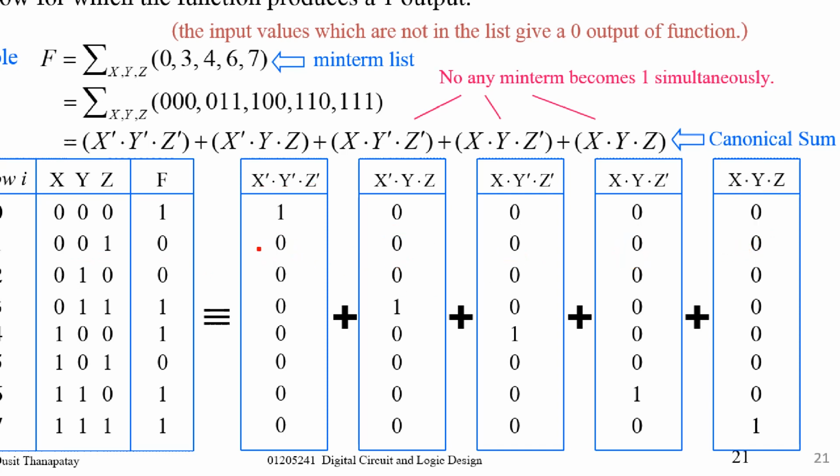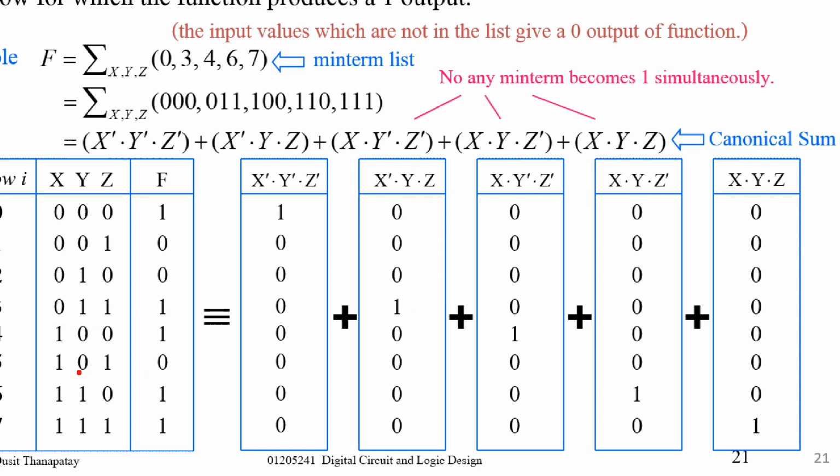That means if you apply an input corresponding to a min term, that min term will be 1 and the other terms will be 0. So when you add them all together, the result will be 1.